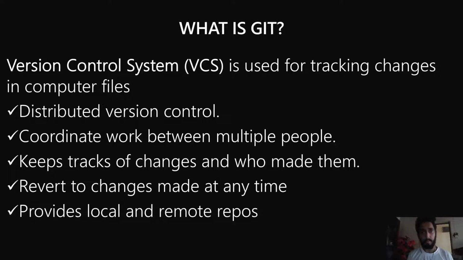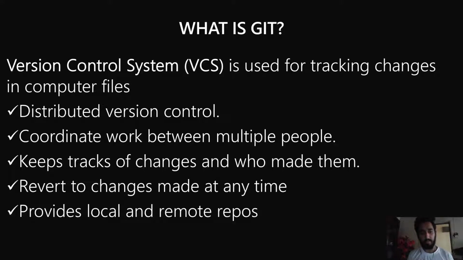For example, if you made a change and you push it, the same person will be able to pull and continue to work with the same project, with the same updated changes. You can keep track of changes and see who made them. For example, if you made a change and you don't remember what it was, Git allows you to do so.